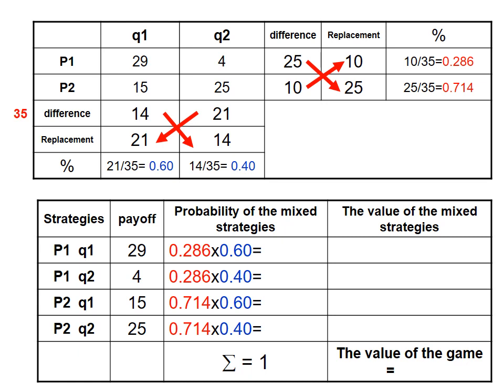The strategy B1 Q2, for the first row 0.286 times the strategy Q2, 0.40. Strategy B2 Q1, for the row 0.714 times the strategy Q1, 0.60.